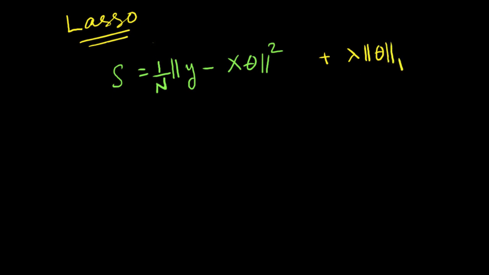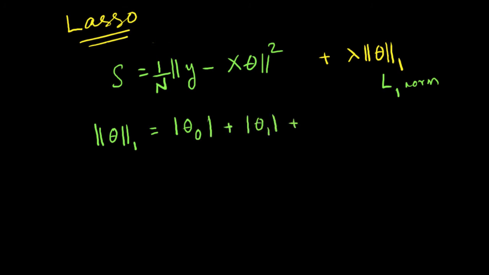L1 norm. So what does that mean? That means that the L1 norm of theta is given by mod theta 0 plus mod theta 1 and so on up to mod theta m. So this is what is used when your input parameters have a non-Gaussian distribution or there are many outliers.